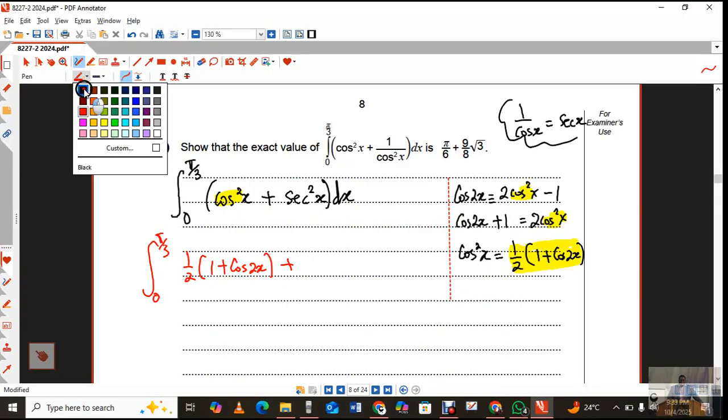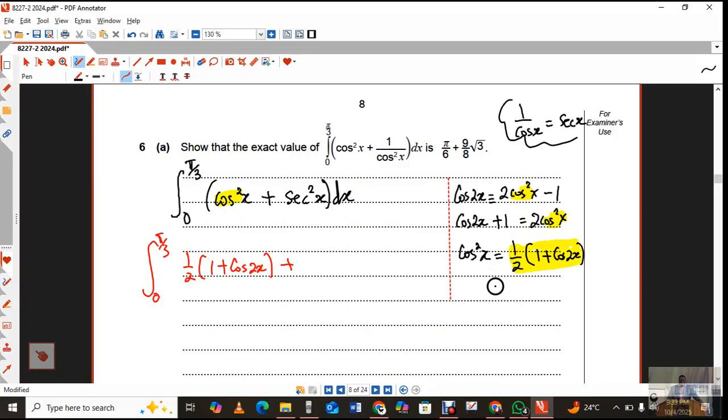And then one more thing that I need to bring in, and I hope that you are familiar with this identity, is that sec square x, if you integrate it with respect to x, is just tan x plus c. So when I integrate sec square x, I know what it is that I am going to get. Is there something more?